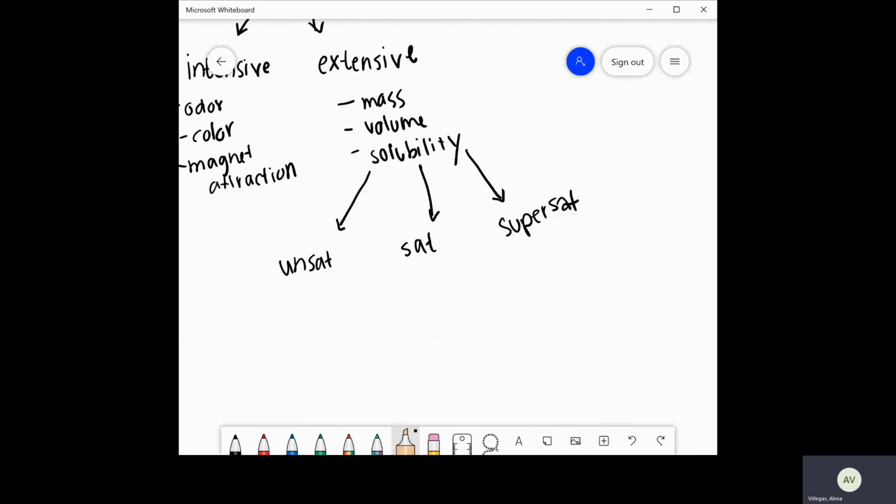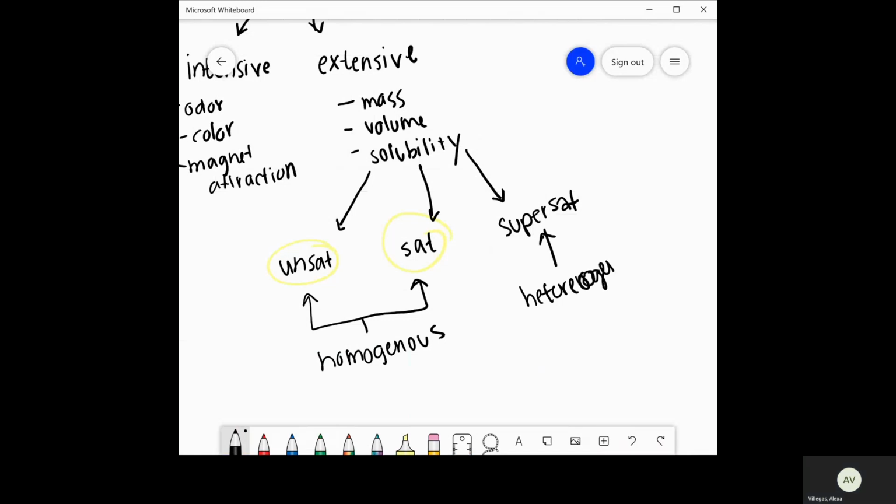And note that saturated and unsaturated can both be homogeneous, whereas supersaturated is the one that is going to be heterogeneous, because if it's supersaturated, this is where you're going to see your precipitation and crystallization.